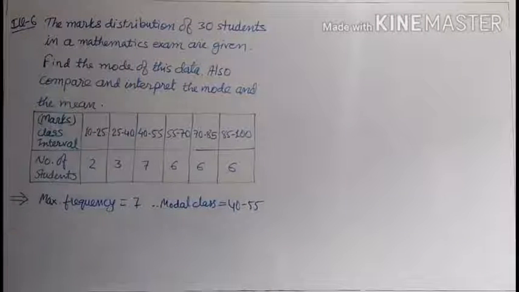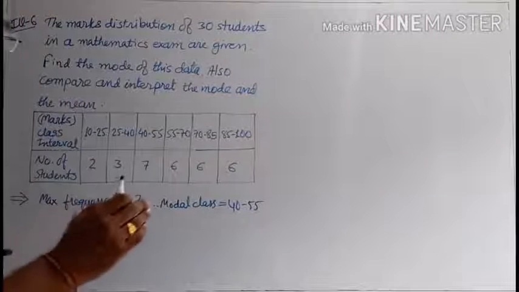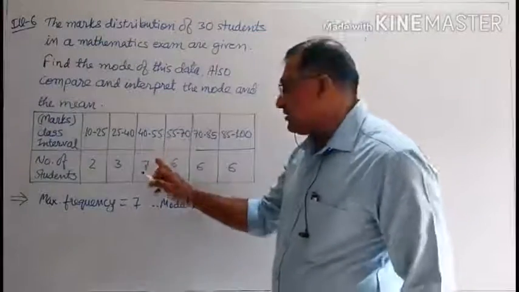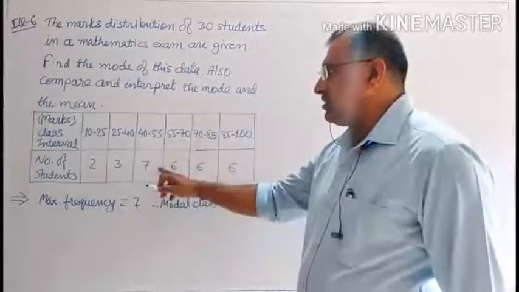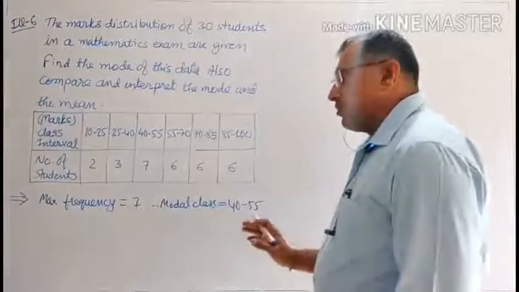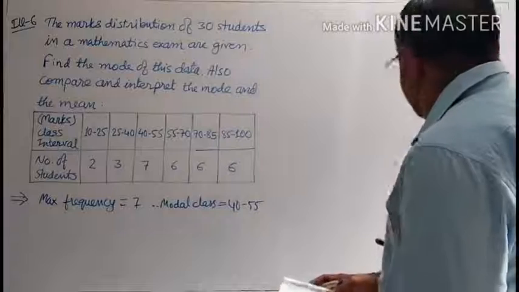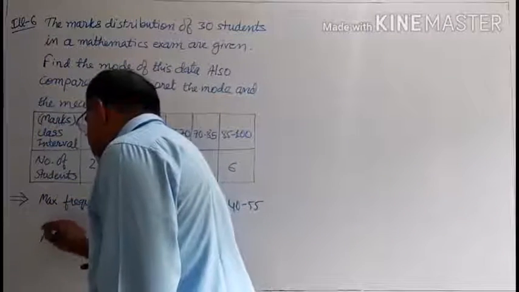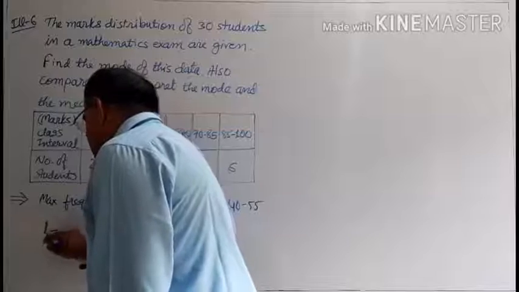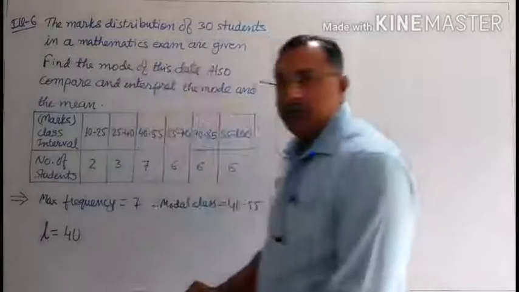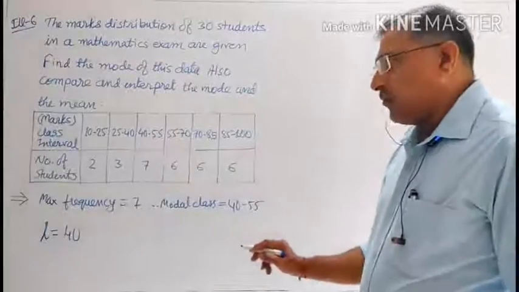To calculate the modal class we need to go for the highest frequency. The class having the highest frequency is called the modal class. So once we know the modal class, we can go for the lower limit of the modal class. What is the lower limit of the modal class? That is L, and the lower limit of the modal class is 40.